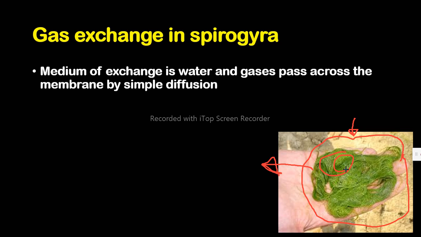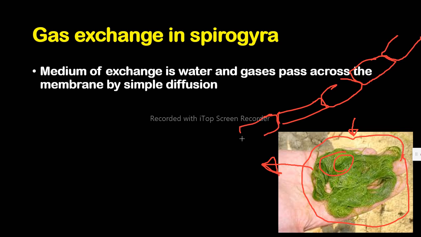It is a mass of strands, and these strands are made up of very many cells, a strand of elongated cells. So they are also simple organisms, one cell thick. Therefore, with these organisms, simple diffusion alone is enough.